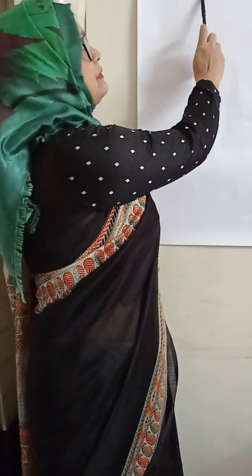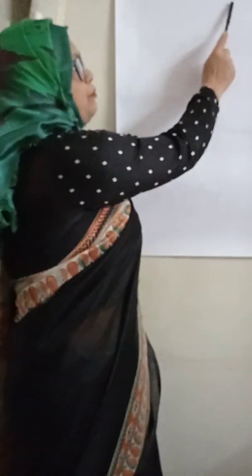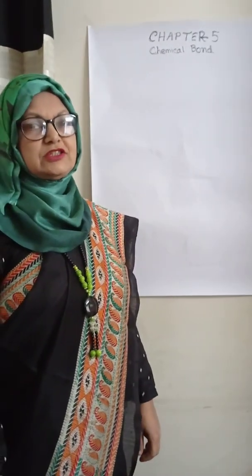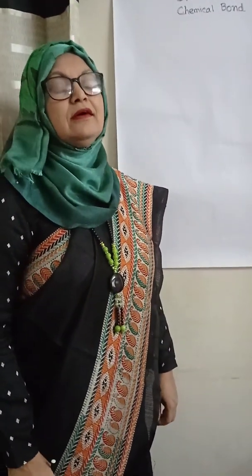The name of chapter 5 is chemical bond. The force of attraction that binds two atoms together is called chemical bond. I repeat it again. The force of attraction that binds two atoms in a molecule together is called chemical bond.